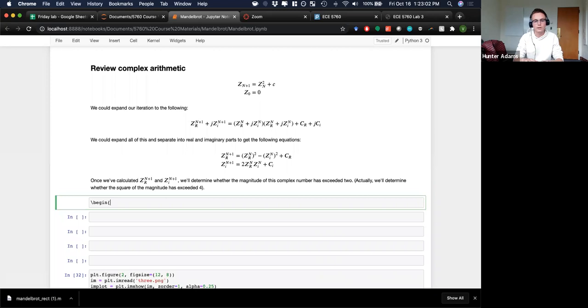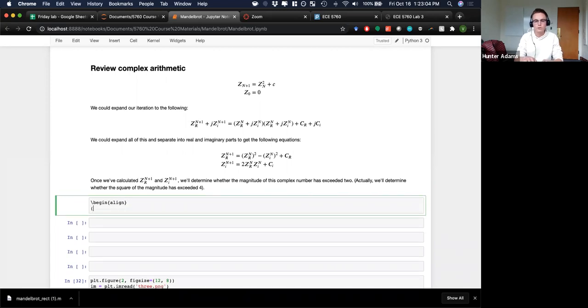So that will look like this: ZR n+1 squared plus ZI n+1 squared greater than 4, question mark.